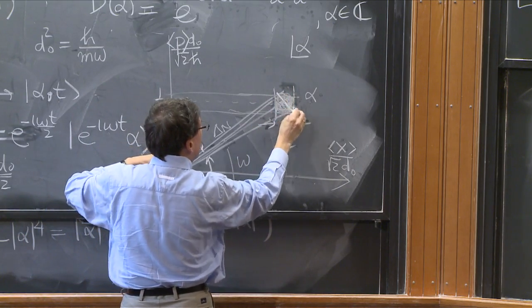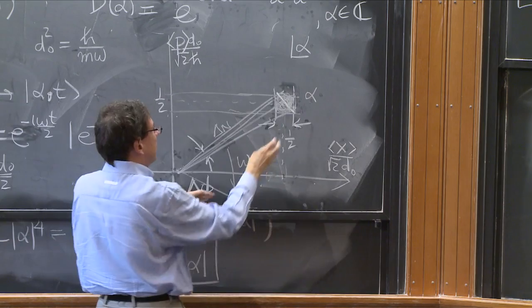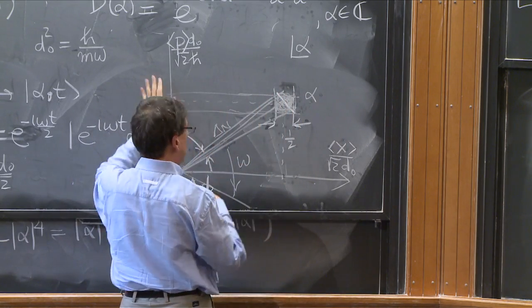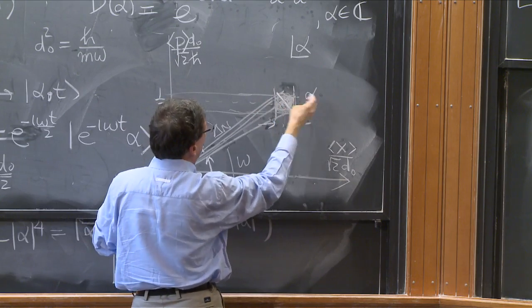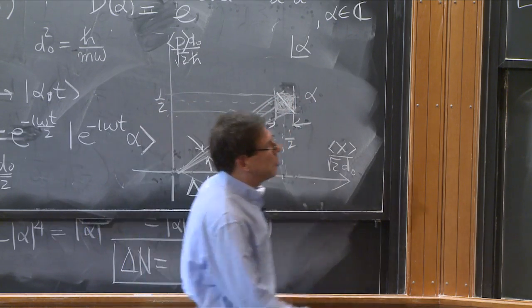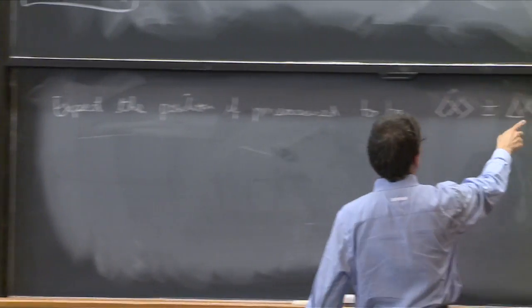Then suppose you're doing it with x first. You measure x, and you say, well, I get all kinds of values. I don't know what the momentum is, but I get all kinds of values, and they're going to run all over here between these two positions.